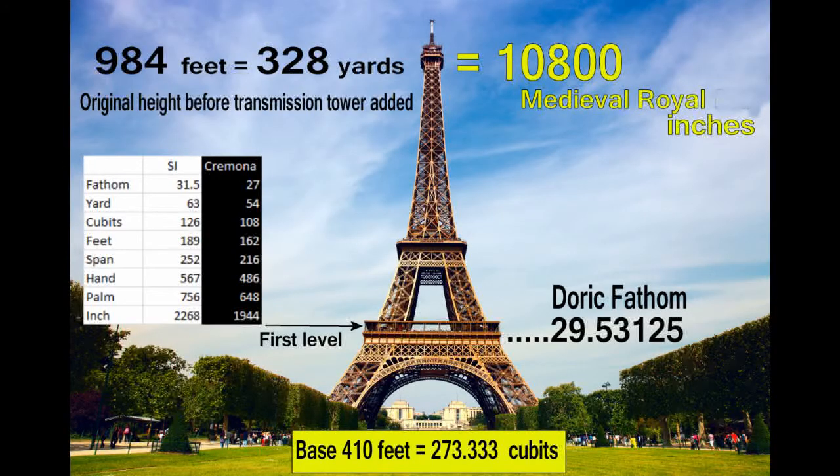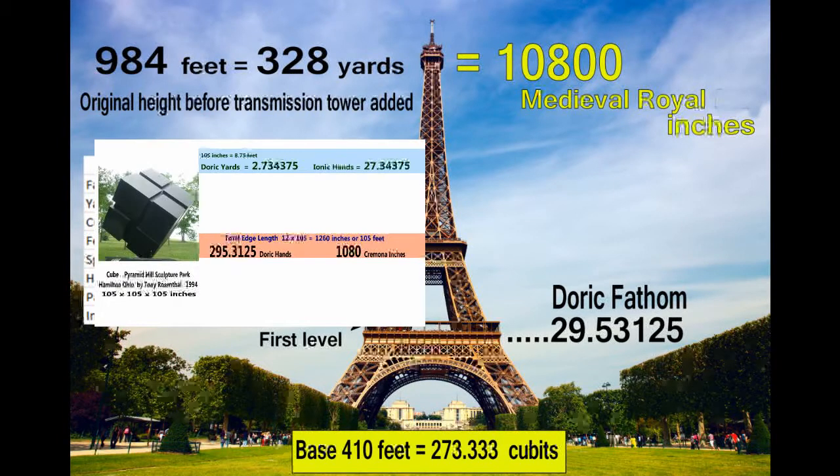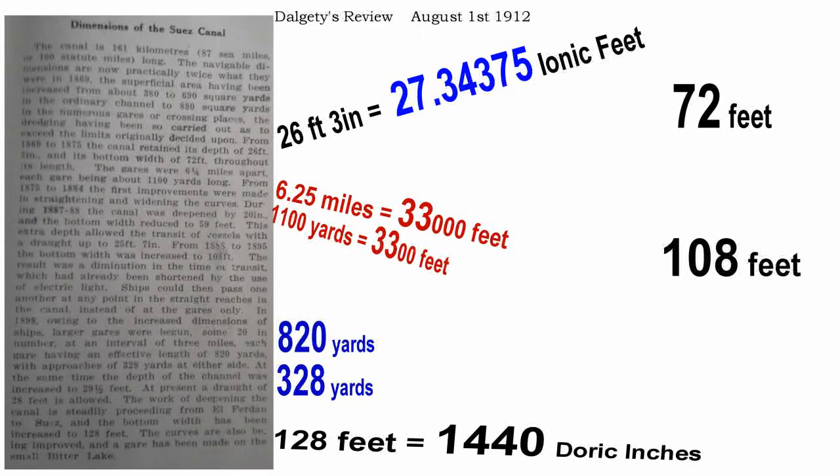Again, the Eiffel Tower, 29.53 Doric fathom. That's the number of days in a full moon. 273.3 cubits and 10,800 medieval rods. What's going on with Tony Rosenthal's cubes? Exact same numbers coming in once you transfer them to so-called out-of-date scales.